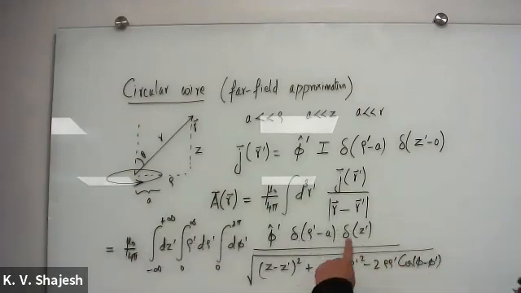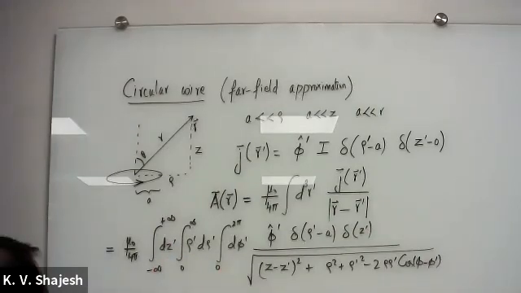When I set z prime equal to 0, this goes away. Rho prime equal to a, so these rho primes get replaced with a, and that leads to mu naught over 4 pi times a I. The z prime integral is gone, the rho prime integral is gone due to the delta function properties.